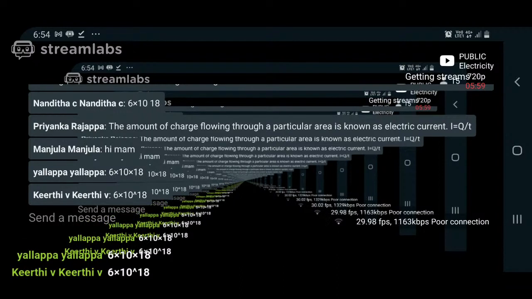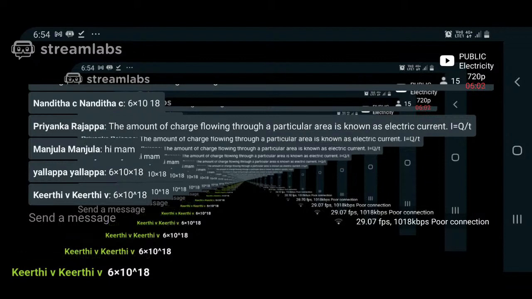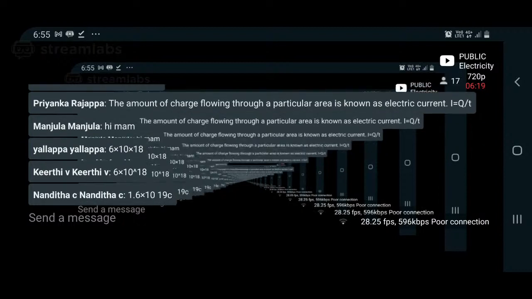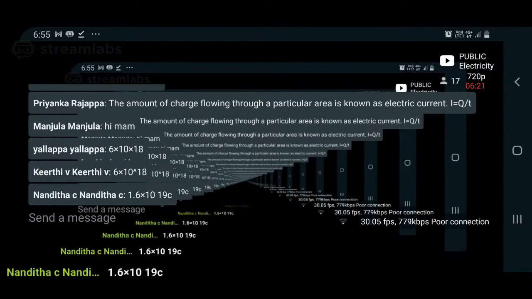Yeah, Kirti, it is good, correct for the previous question. Yeah, Nandita, the answer is 1.6 into 10 raised to; you gave plus 19.